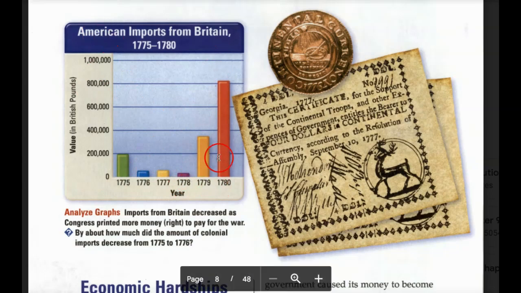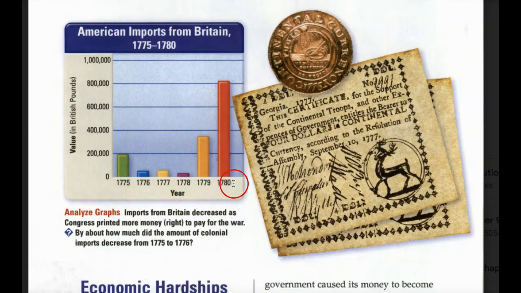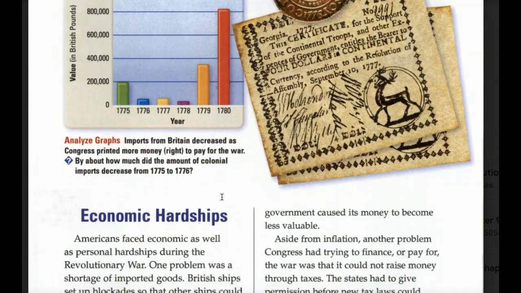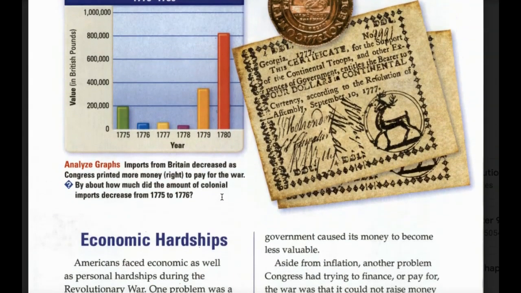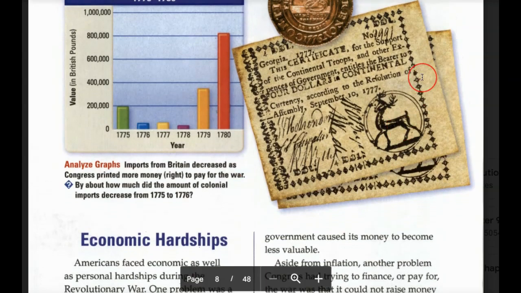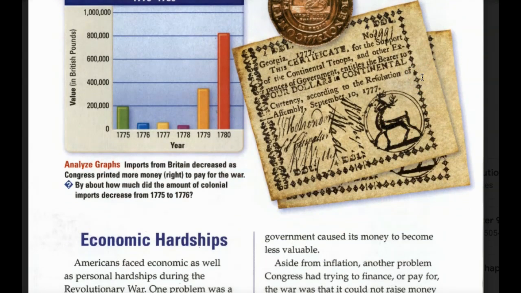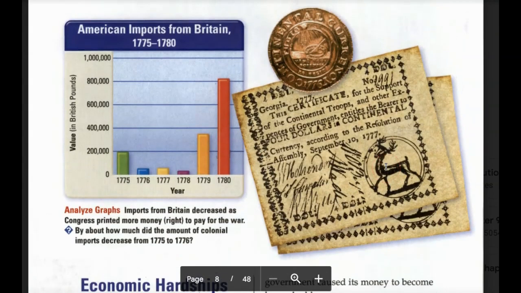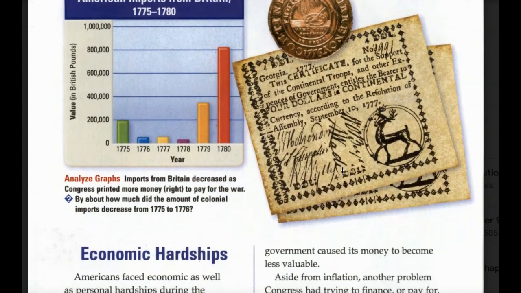So American imports from Britain greatly increased. And this looks like a continental. The currency, the continental currency.